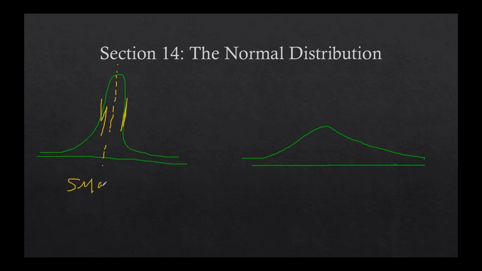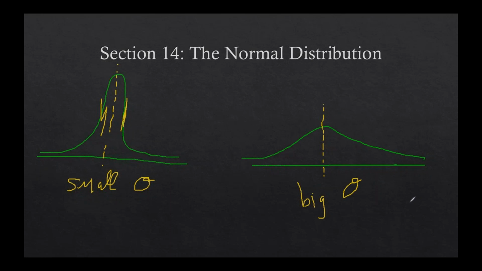So this would have a small standard deviation, which is sigma, the Greek symbol here. In this one, which I would call flat and fat, the data is more spread out. If you have spread out data, you're going to have a big standard deviation. So when you look at your graphic, if your graphic is tall and skinny, your data hovers around the mean, you have a small standard deviation.